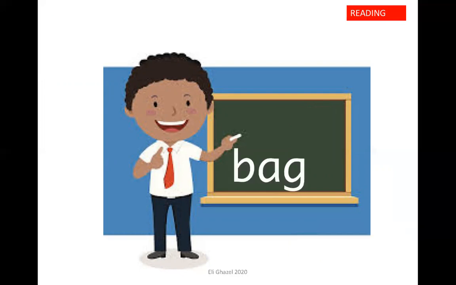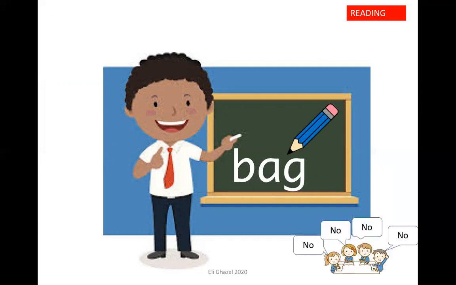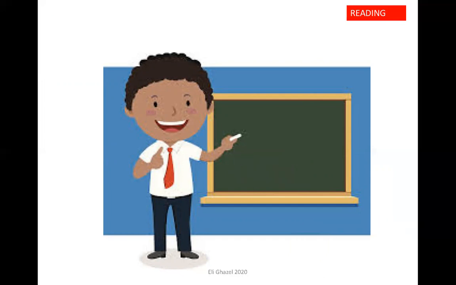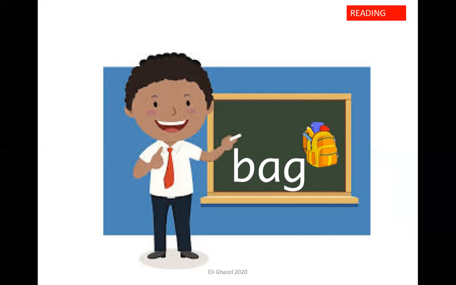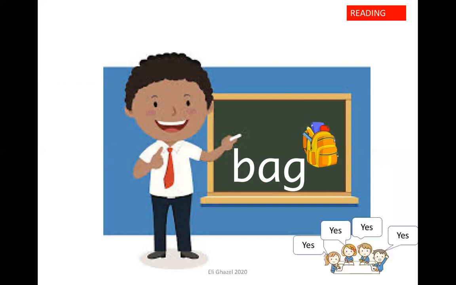You put the word, you put a picture, you signal, and they will say no. Then you put up the word, you put up the picture, you give a signal, they will say yes.